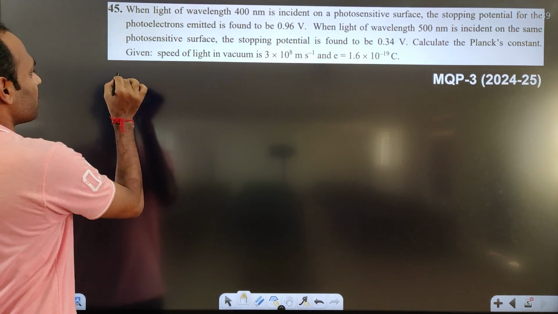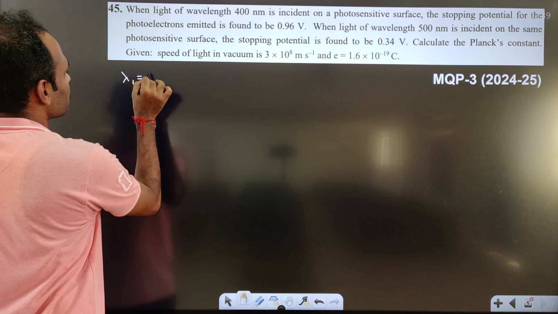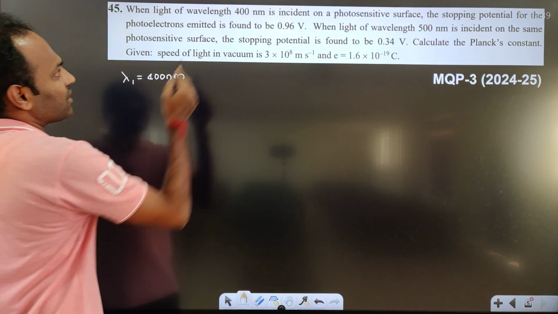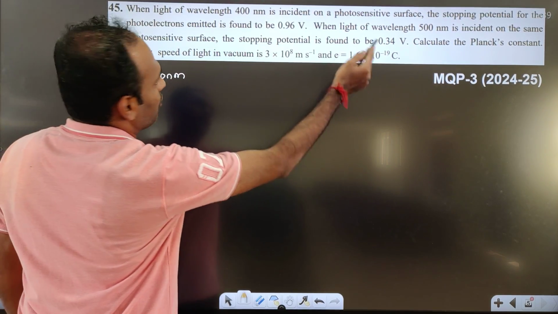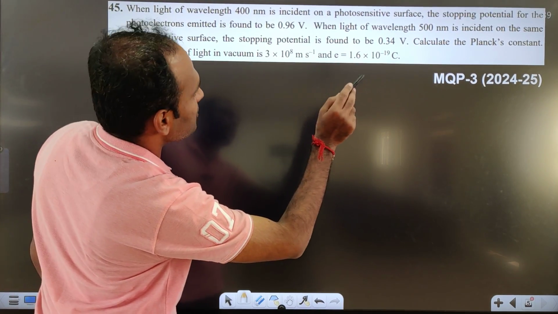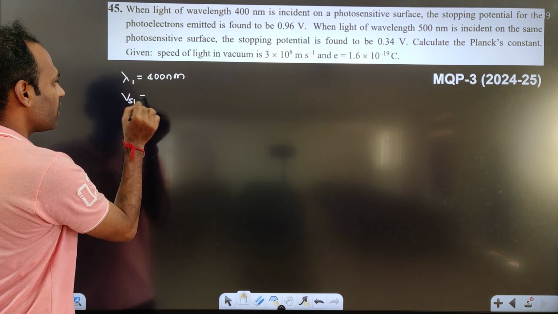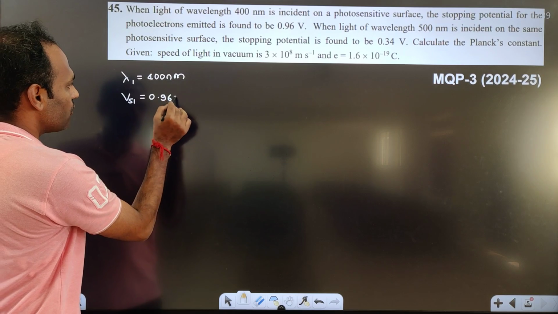Okay. They have given us two wavelengths. The first wavelength is 400 nanometer, and when it is incident, the stopping potential is 0.96 volt. Stopping potential number 1 is 0.96 volt.